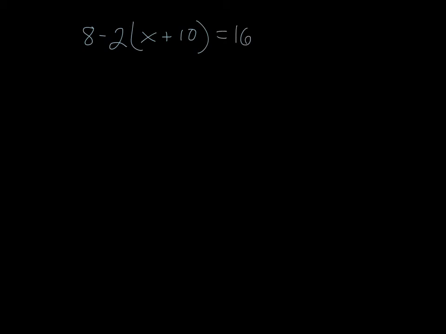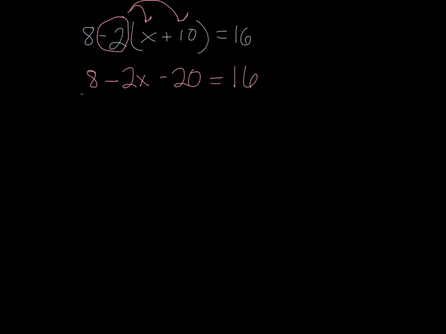Just like we talked about in the last problem, we can't solve this until we have simplified it. We have to distribute in this problem, combine like terms. All right, so talking about distributing, I'm going to take that -2 and distribute to the parts in parentheses. So I've got 8 minus 2x. Okay, -2 times 10 is minus 20 equals 16.